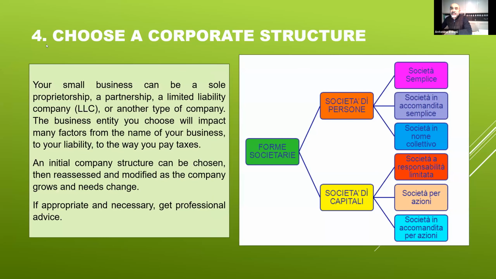Of course, there are different kinds of companies. The picture that I showed you shows the companies in my country, but more or less they are similar also in other countries. It depends on the form of the society, of the entrepreneur, of the company. It can be a society of persons or a society with capitals.